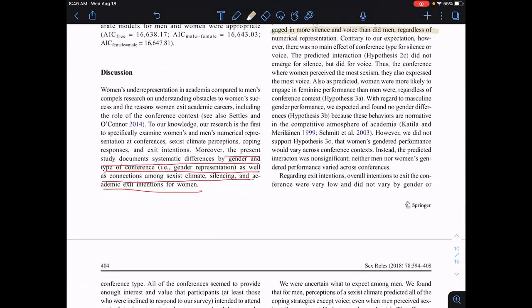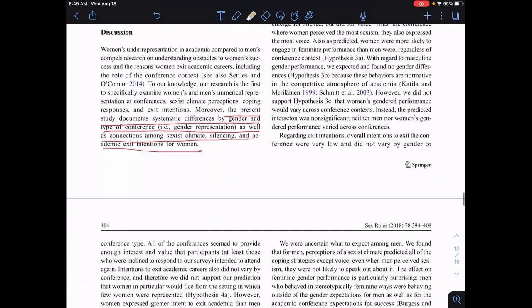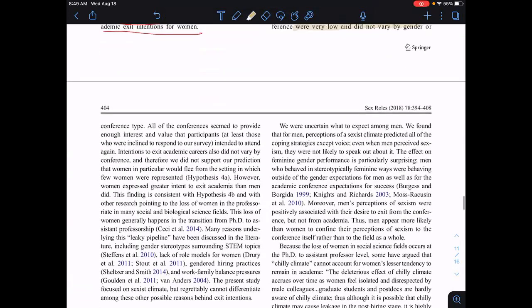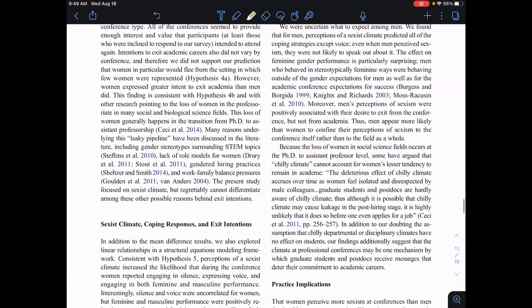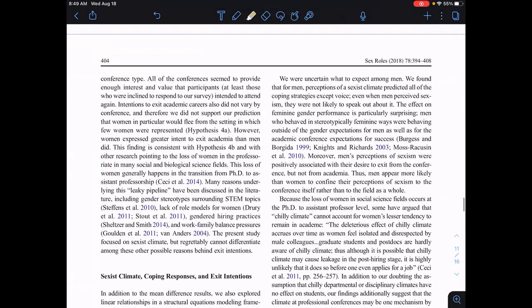Regarding exit intentions, overall, exit intentions were very low and did not vary much by gender or conference type. But then there was something in here, leaving academia and intentions to. So right there.